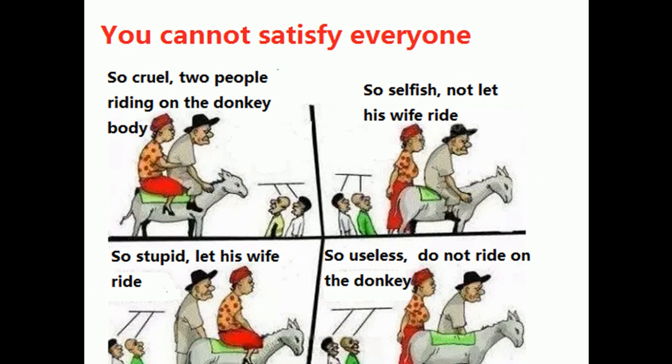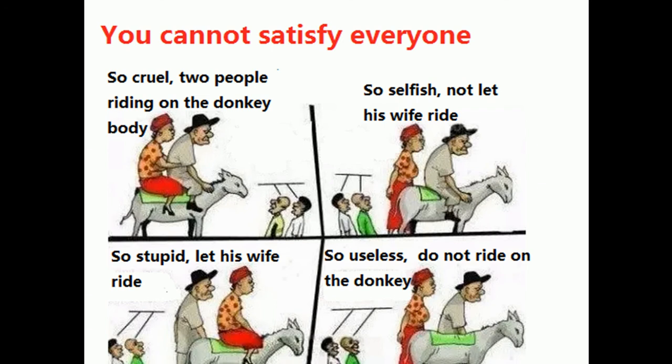Wow. The next picture, they heard the noise. Maybe they think, oh, we should not ride on it. So maybe he lets his wife walk, then he rides. Then some people saw them and said again, so selfish, not letting his wife ride, only he rides.